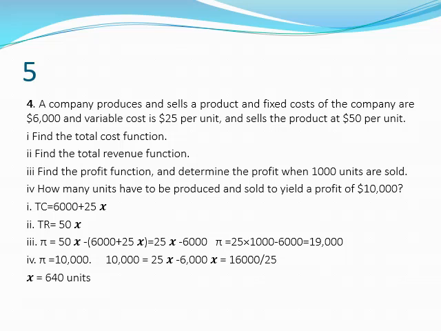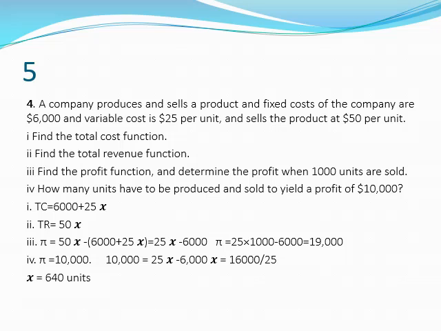So if the units are 1,000, then the profit is 19,000, and if the profit is 10,000, then we have to produce 640 units. We need to produce 640 units.